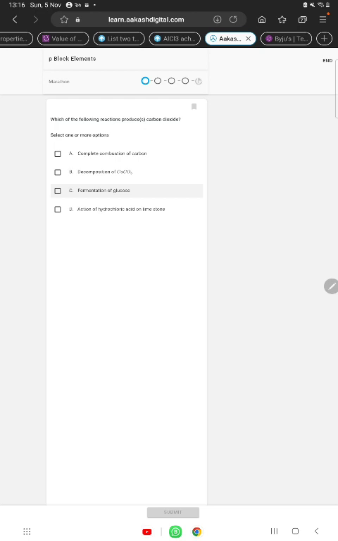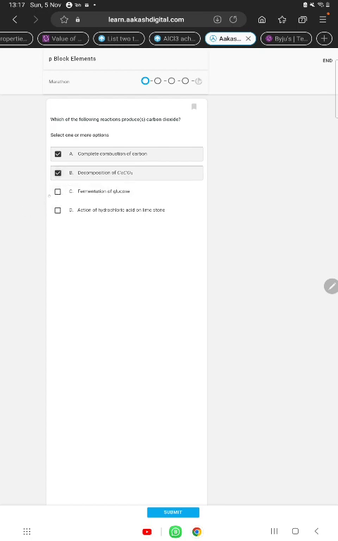Which of the following reactions produces carbon dioxide? Decomposition of CaCO3. Complete combustion of carbon, that is correct. Decomposition of CaCO3.